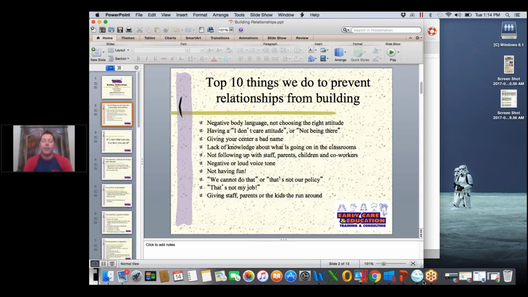Another thing that's going to prevent a relationship from forming is the negative or loud voice tone. We all know that when you've got someone that is a screamer or has that aggressive tone of voice, it's very difficult to trust and respect them, and you definitely don't want to build that relationship.